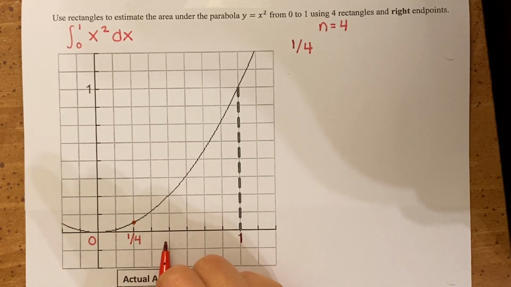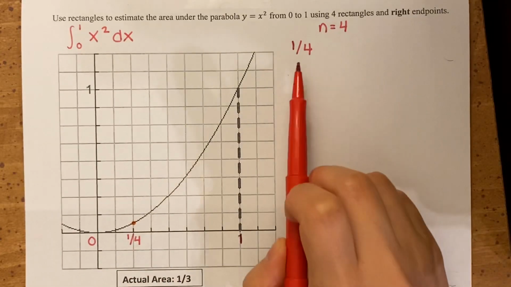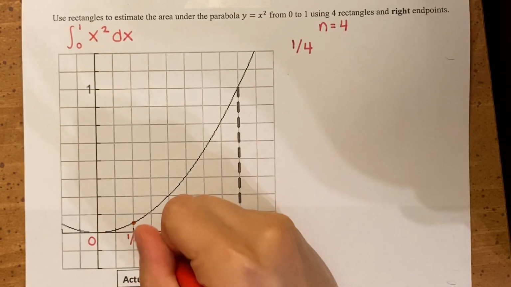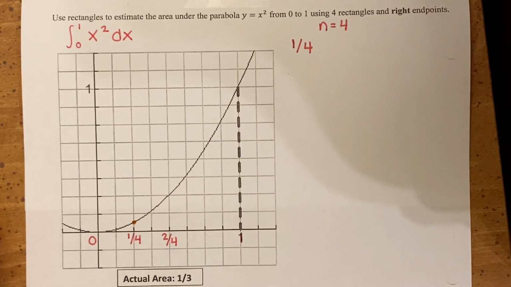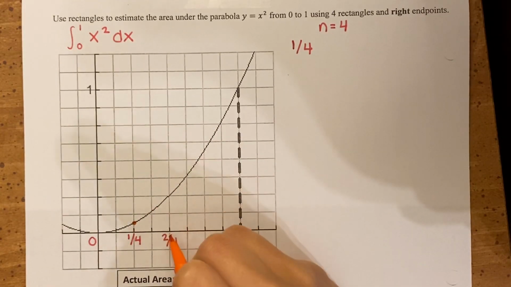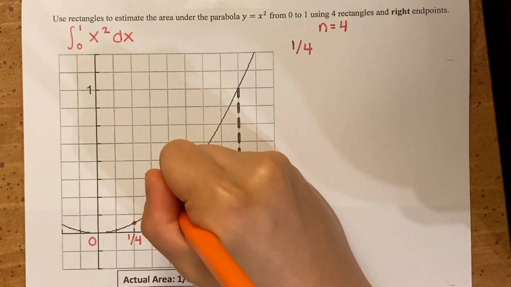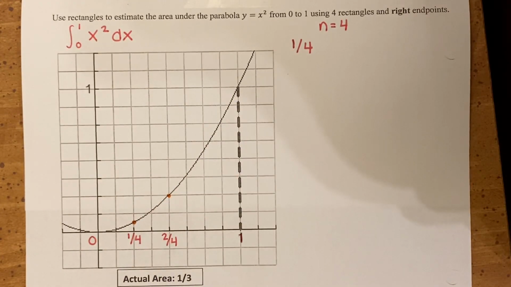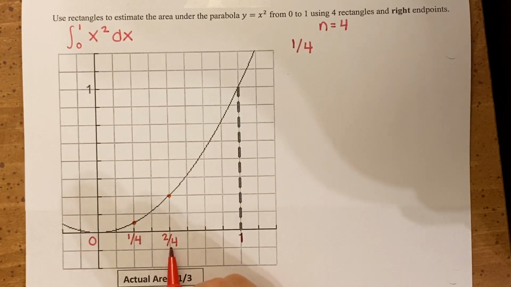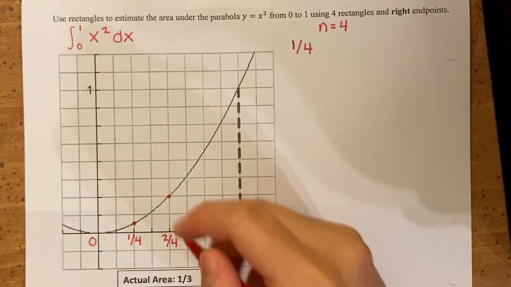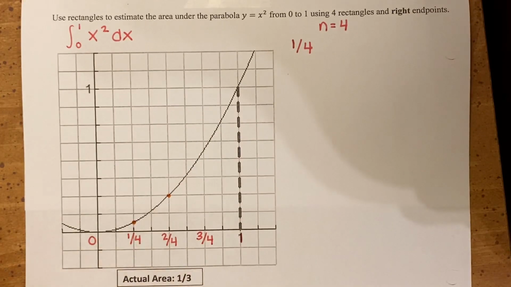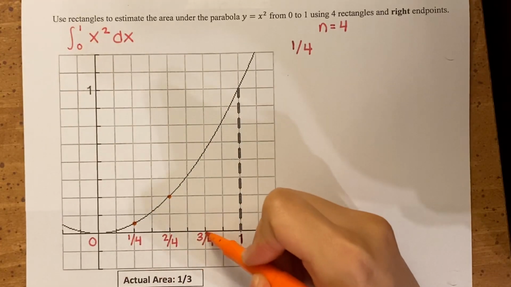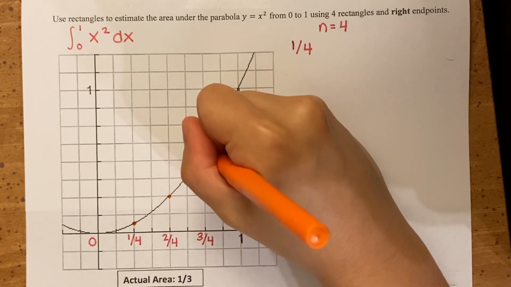My next point is going to be at 1/4 plus 1/4, which is 2/4 or 1/2, and I'm going to put a dot on the curve at 1/2 right there. Next, 1/2 plus 1/4 is going to give me 3/4. And again, at 3/4, put a dot where my curve is.